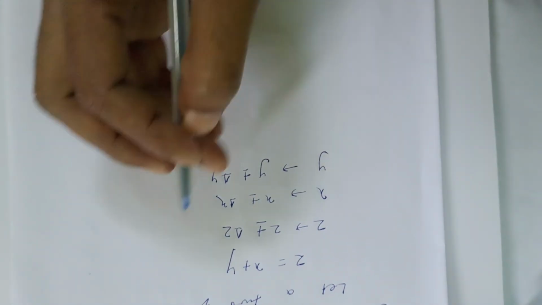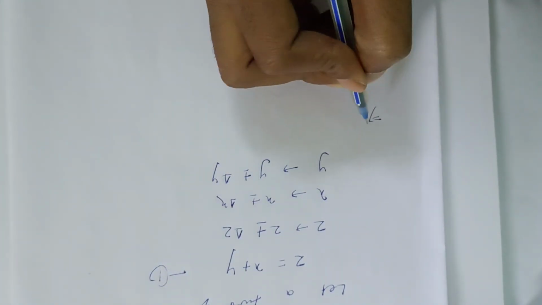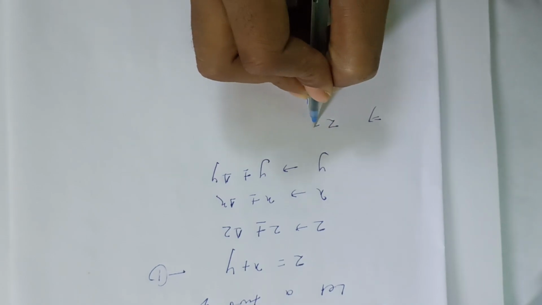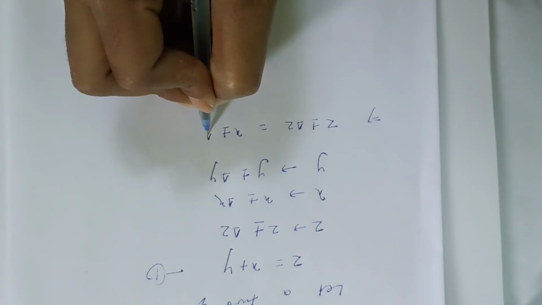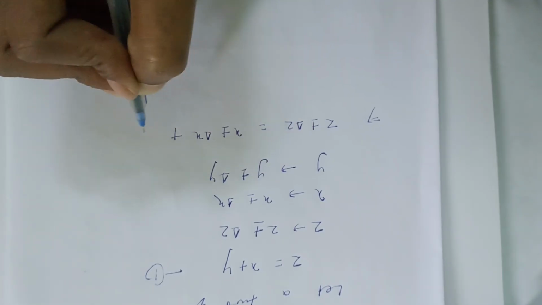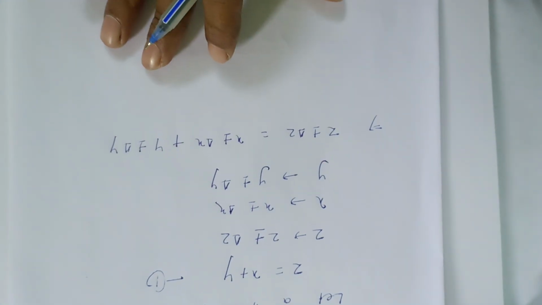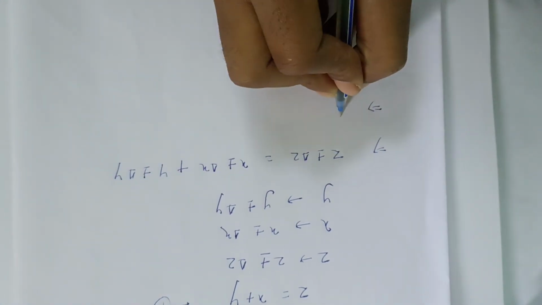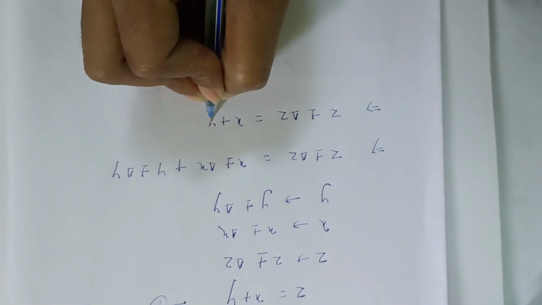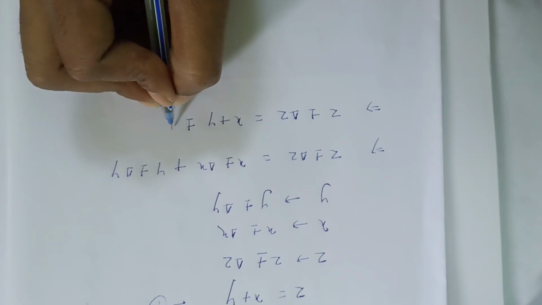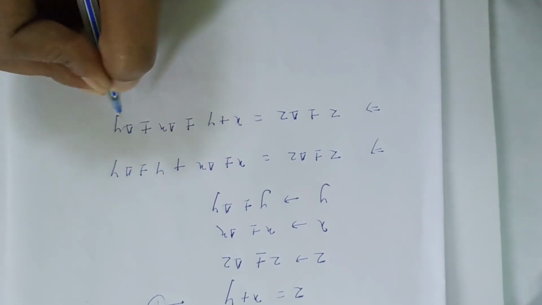So putting above in equation 1, we write z plus minus del z equal to x plus minus del x plus y plus minus del y. Z plus minus del z equal to x plus y plus minus del x plus minus del y.